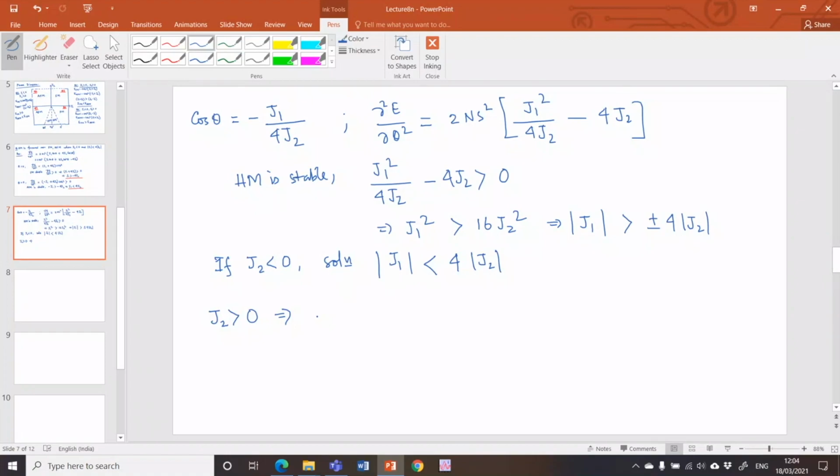J1 square will be greater than 16J2 square. So basically, in that case, cos theta will be greater than 1. Okay, so this is not physical actually. So we have to only consider this situation when J2 is less than 0. Okay, is it clear?